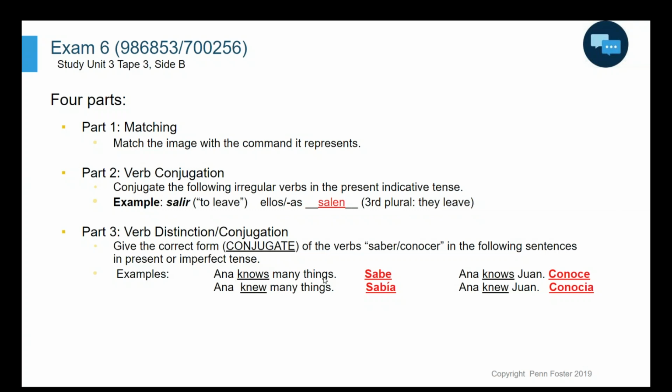When Anna knows many things, she knows them for certain. We're going to be using forms of saber. You see with the first sentence, sabe would be present tense and sabía would be the imperfect tense. Over on the right, Ana knows Juan. These are using conocer. So conoce for present tense and conocía for imperfect.